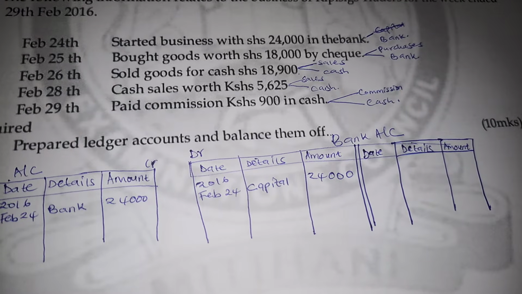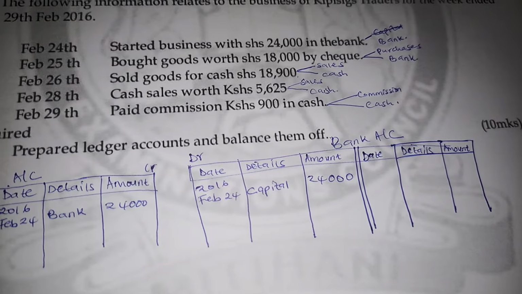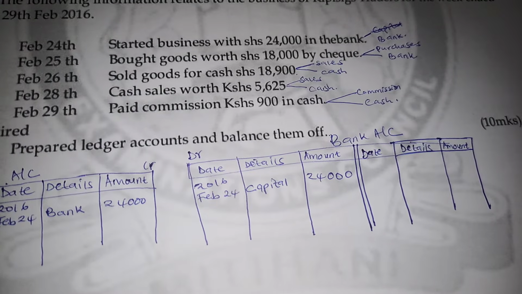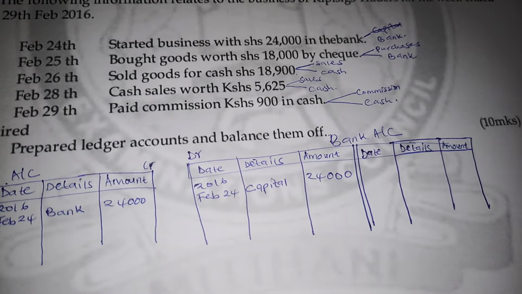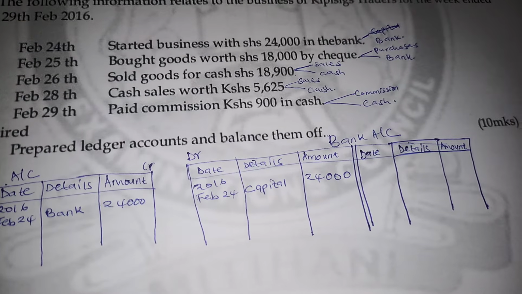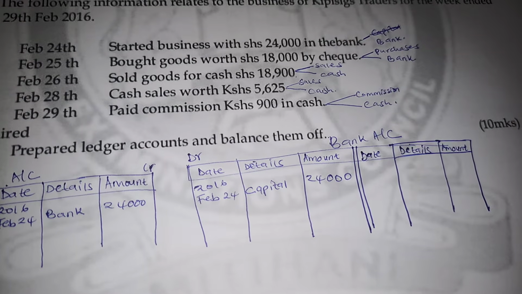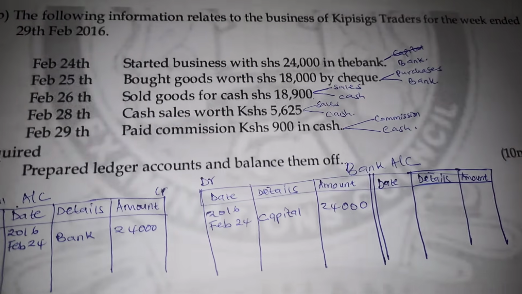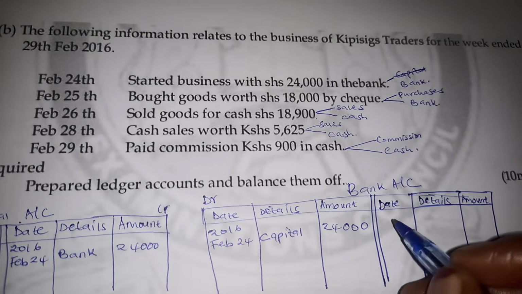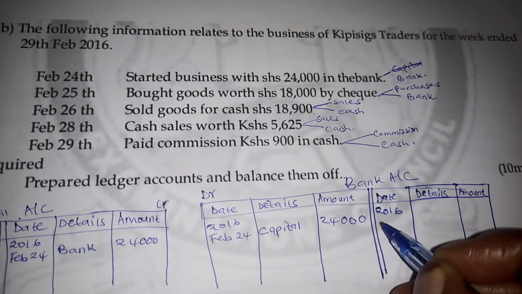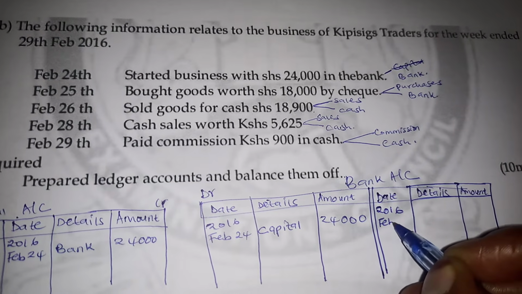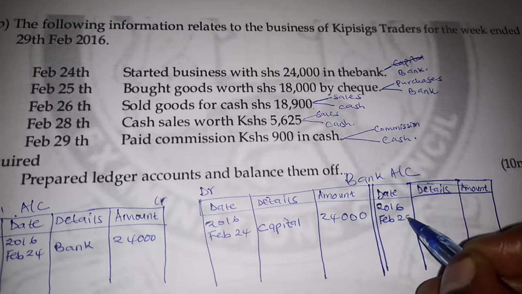When you buy goods, payment is made, so the amount of money in the bank reduces. Any reduction in assets is supposed to be credited. So we record this on the credit side, February 25th.